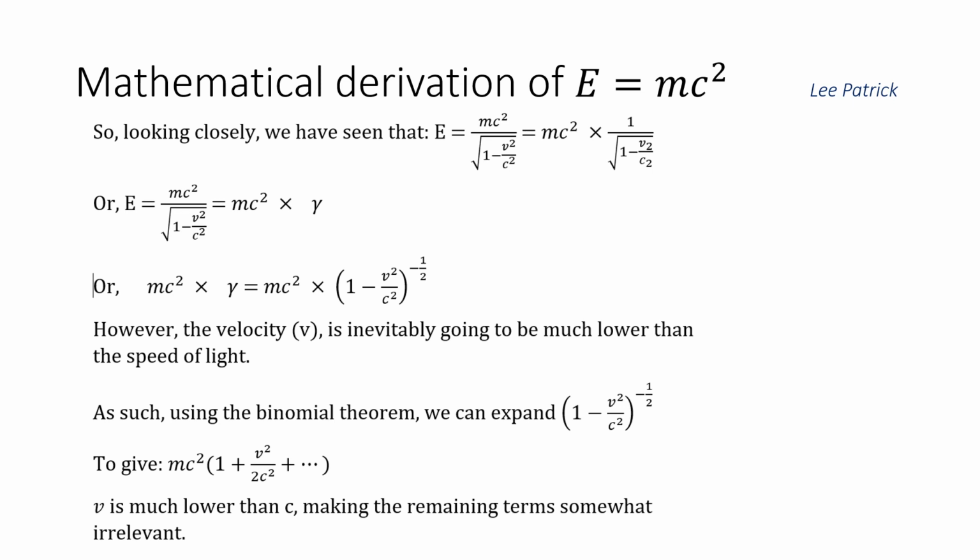However, the velocity v is inevitably going to be much lower than the speed of light. As such, using the binomial theorem, we can expand (1 minus v squared over c squared) to the minus a half to give mc squared multiplied by (1 plus v squared over 2c squared), since v is much lower than c, making the remaining terms somewhat irrelevant.